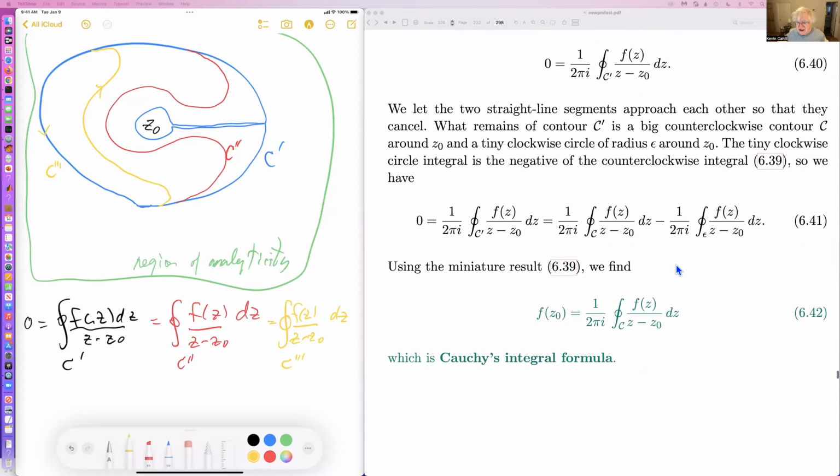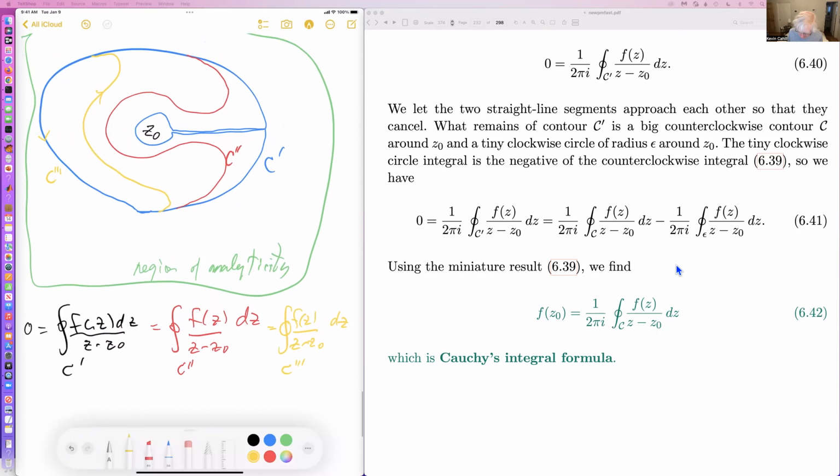So what we then say is, well, what is this funny contour?